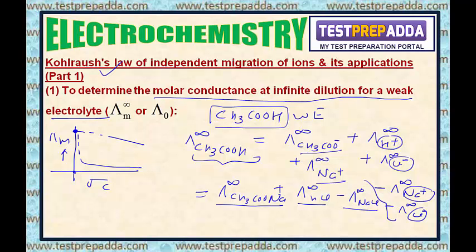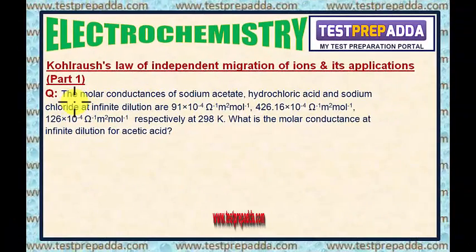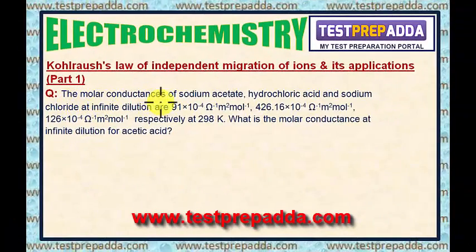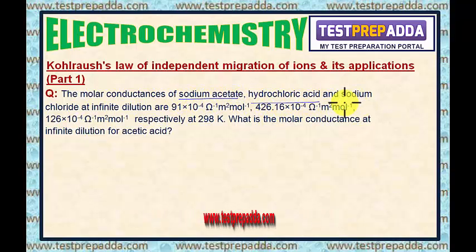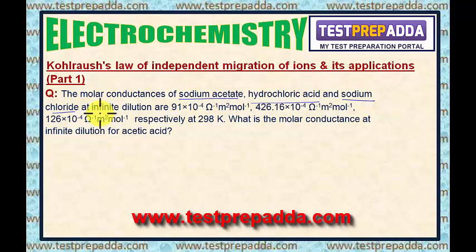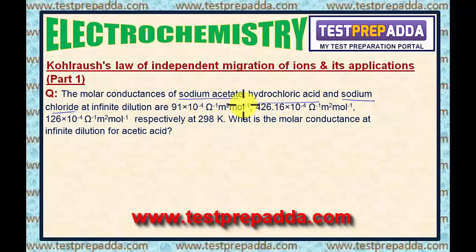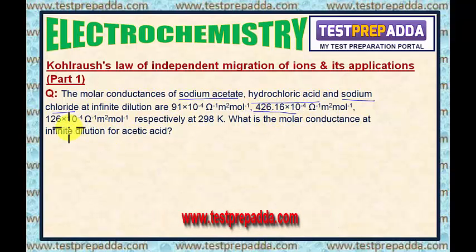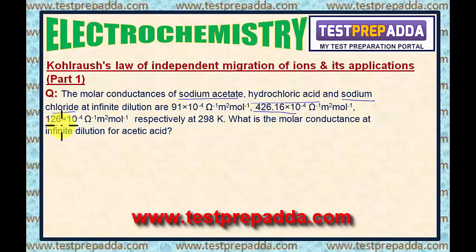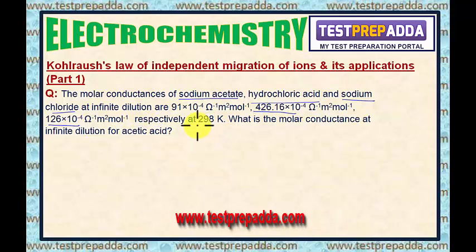Now, to understand this in a better manner, I will take a question here. The question says, the molar conductances of sodium acetate, hydrochloric acid and sodium chloride at infinite dilution are 91 into 10 raised to minus 4 ohm inverse meter square mole inverse, 426.16 into 10 raised to minus 4, and 126 into 10 raised to minus 4 ohm inverse meter square mole inverse respectively at 298 Kelvin.